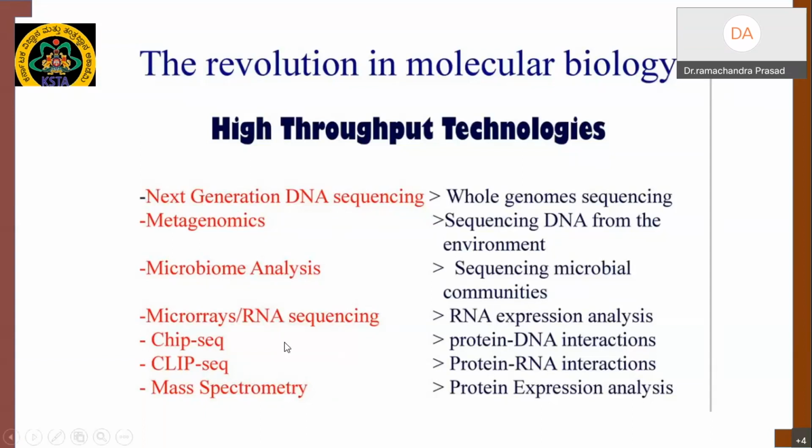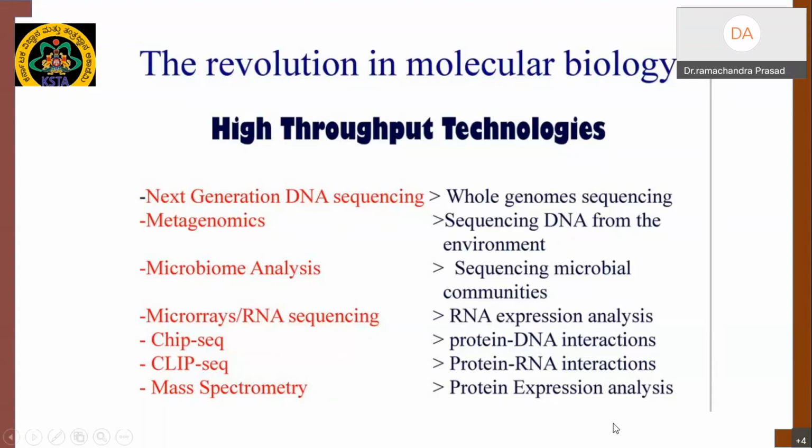Another data is from the microarray, that is RNA expression analysis or gene expression analysis. By using these microarrays, we can understand the expression of so many genes at a time. That is also called RNA sequencing or microarray or DNA chips.